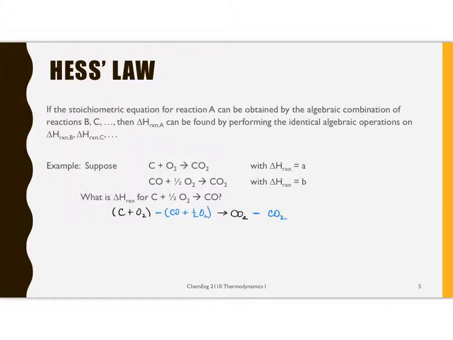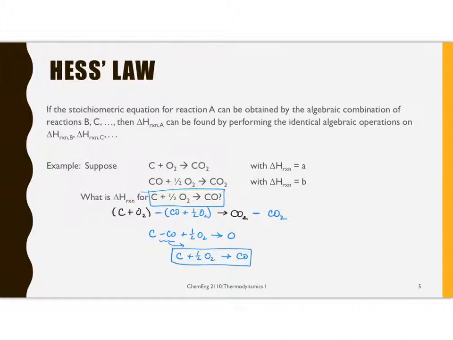And so when I do this, I get C minus CO plus 1/2 of an oxygen is 0. But if I move this to the other side of my equation, I end up with the reaction that we were looking for. So this is how I can algebraically combine reactions.